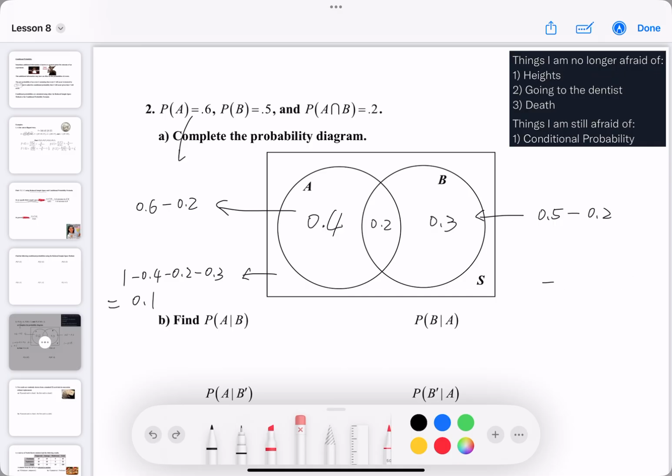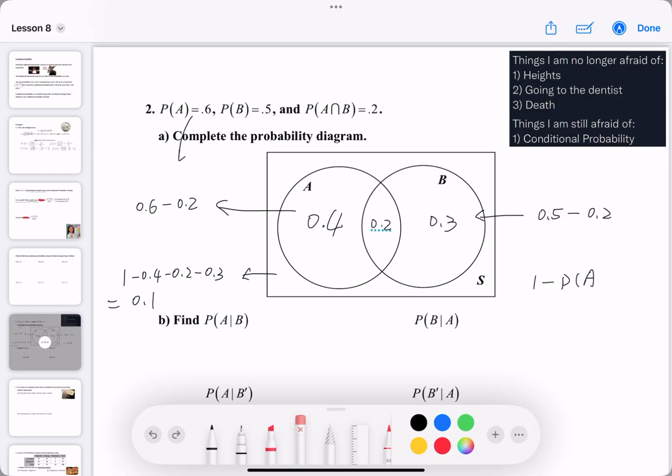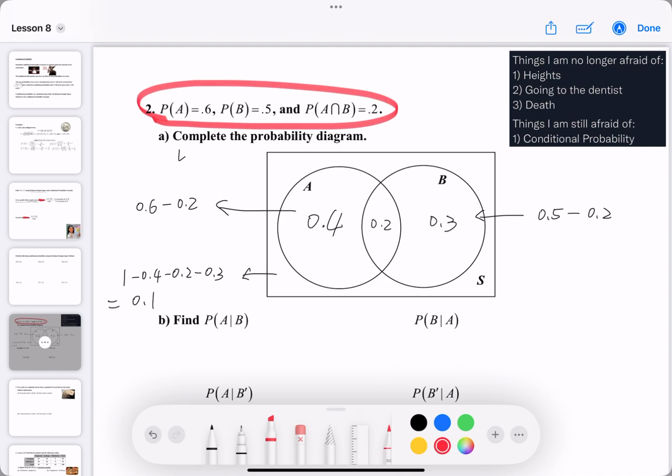Okay, let's see the first question. Find P of A given B. What is the meaning of P of A given B? So this is A, and this is B. And what is the formula? Some of you say, can I use the reduced sample space method? No, because the given information are all probabilities.